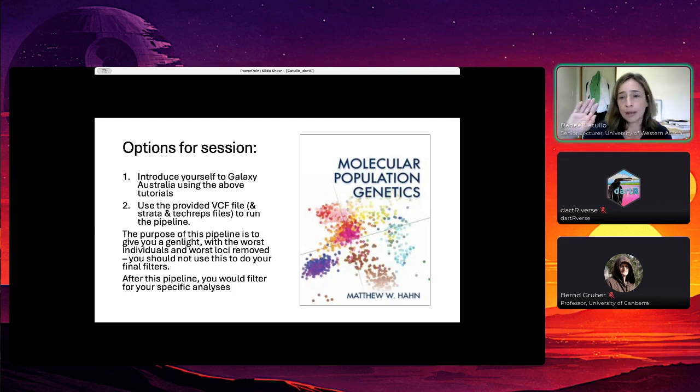So do I want to take this through structure, population genetics, diversity? The purpose of that pipeline is to throw away bad loci, throw away bad individuals, check your duplication, and check your reproducibility. Reproducibility is based on your duplicates; remove your duplicates, and after that, that genlight object is what you would use to filter for your specific data.